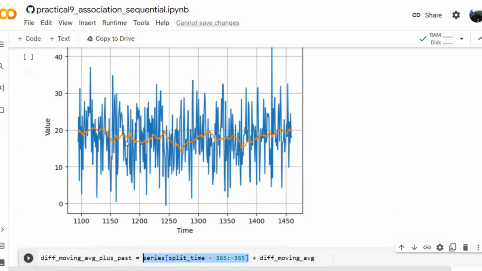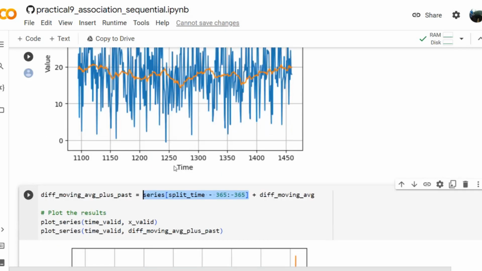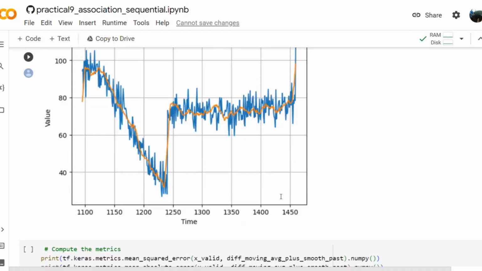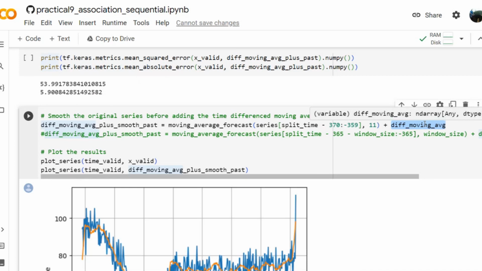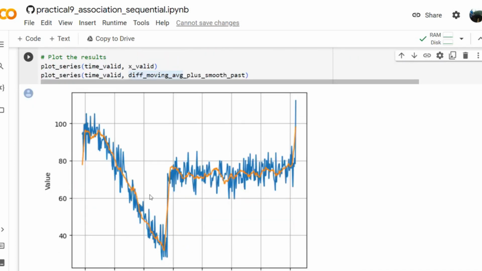Because a moving average will make a smooth line, with less noise. So we apply a moving average on the original data, and then we add it back to the difference moving average. So this is what we have done here. If you do this, you're going to get a much better result.